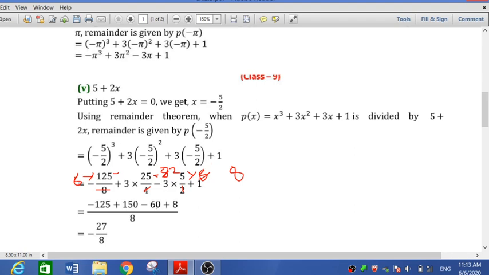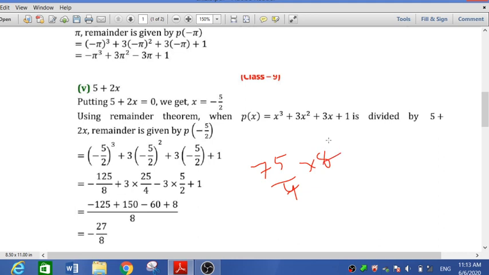So again I explain each term: what do I multiply each term by? Minus 125 multiplied by 8, the 8 cancels, so minus 125. In the second term, 25 into 3, that is 75, over 4, multiplied by 8.